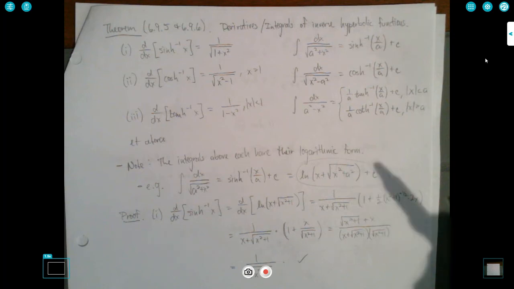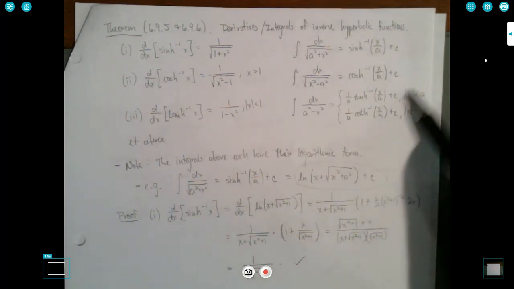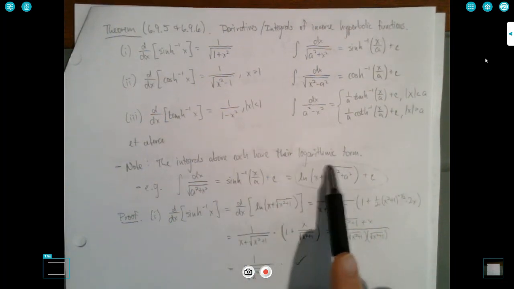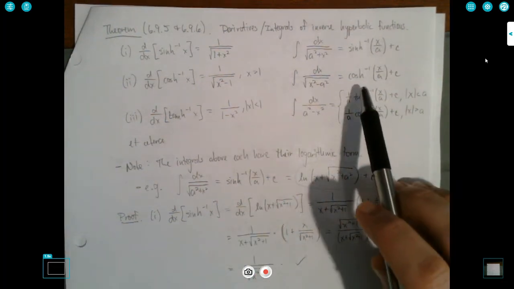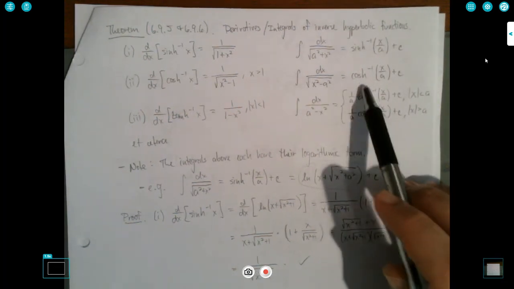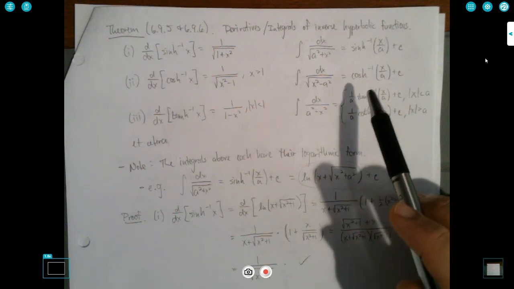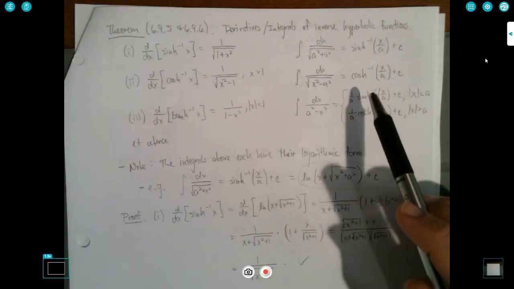As you saw a second ago when I pulled up the textbook, you may note that the integrals here each have their logarithmic form, right? So remember that cosh inverse of x is the natural log of x plus the square root of x squared minus 1.